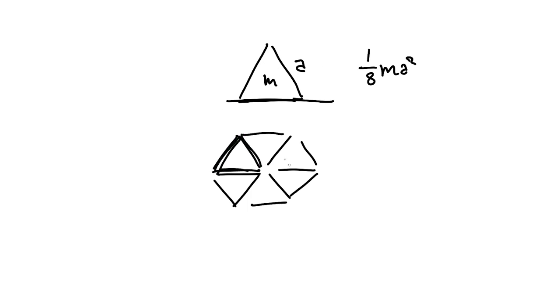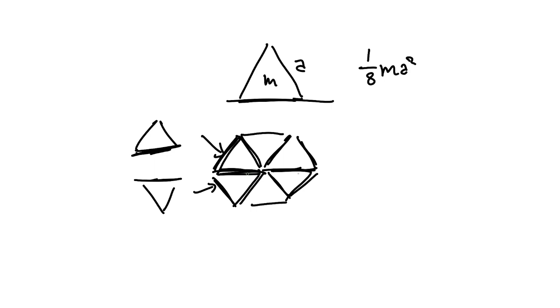If we look at this triangle, this triangle, this triangle, and this triangle, we can see that the moment of inertia given basically satisfies this. This triangle is going to be spinning on one of these sides. This triangle is going to be spinning on one of these sides. Same goes for this and this. So for those ones, we have 4 triangles with a mass of the big M over 6.